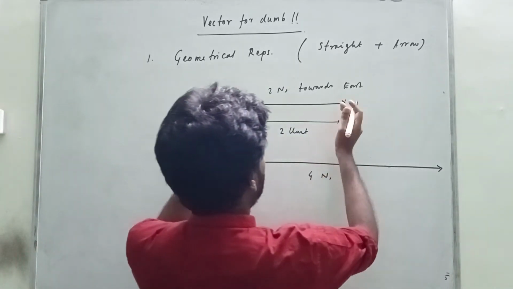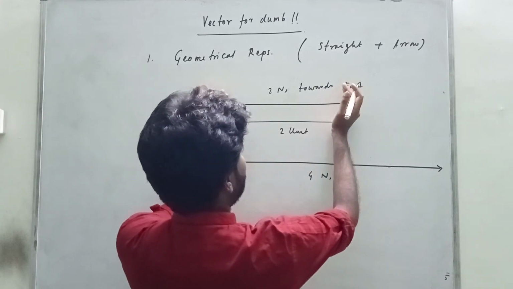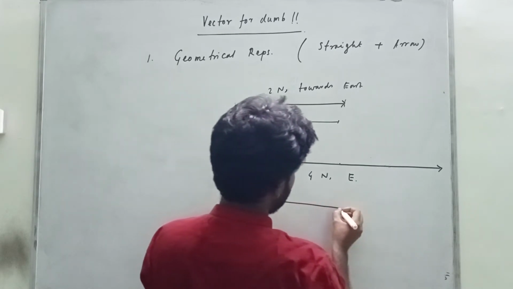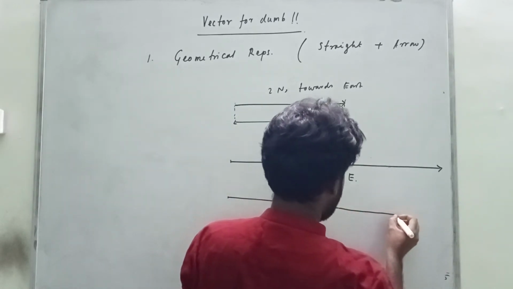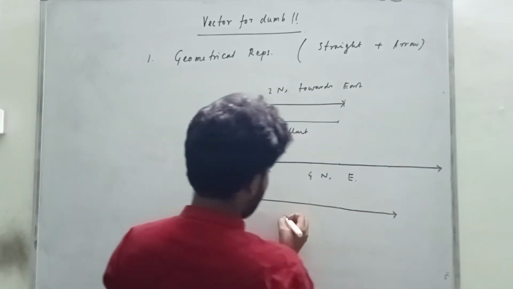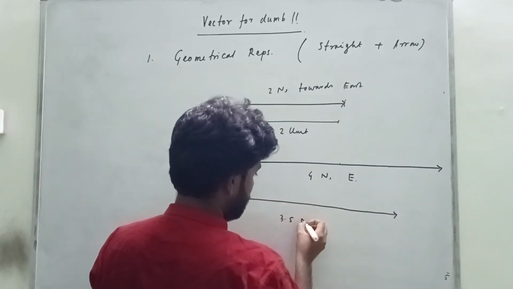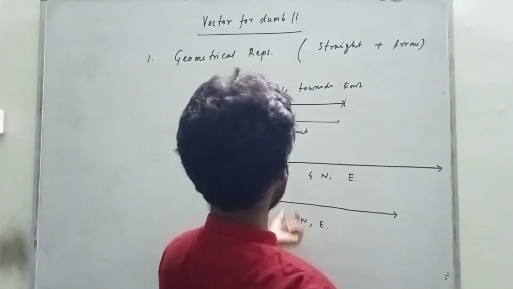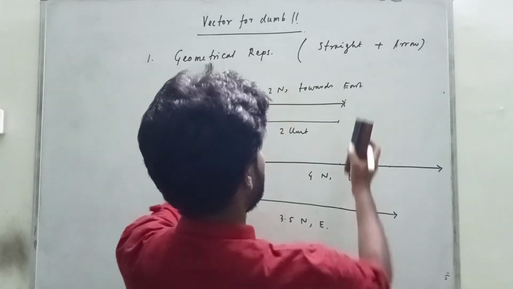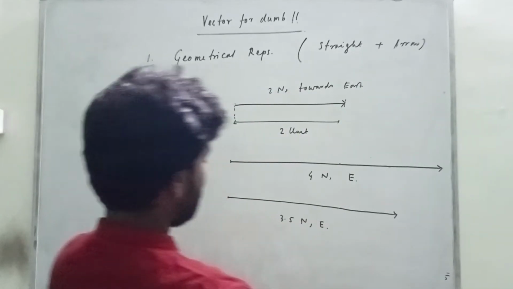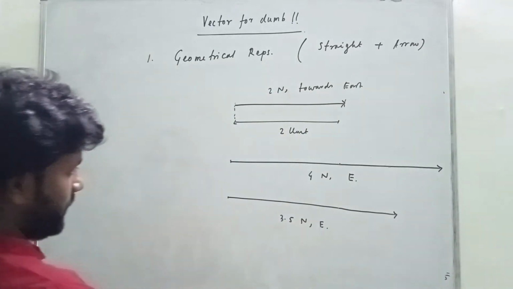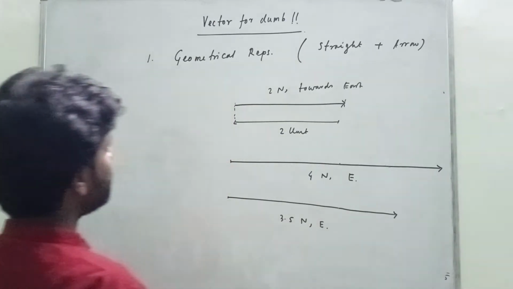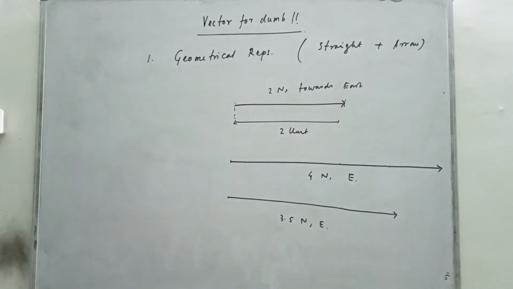If it is 1.5 times of the 2 Newton force here, so it is a 3 Newton force towards east, because it is just 1.5 times of this straight line. Okay, it is very simple. This is the geometrical representation of a vector.